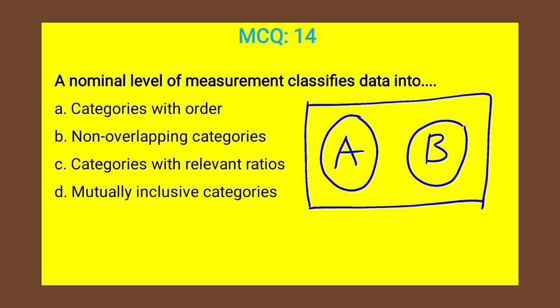And when we have data which are mutually exclusive, their representations are always separate apart, and they won't be overlapping.